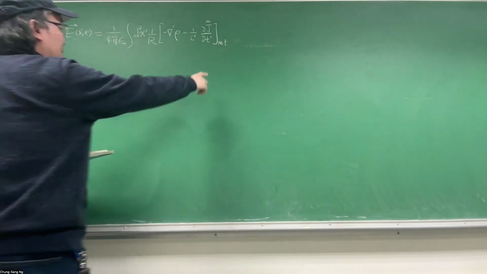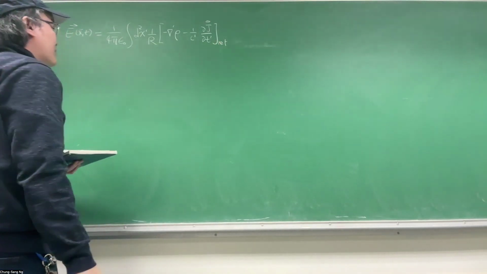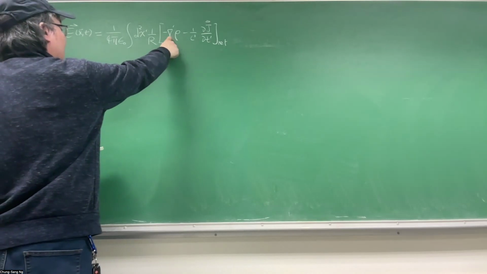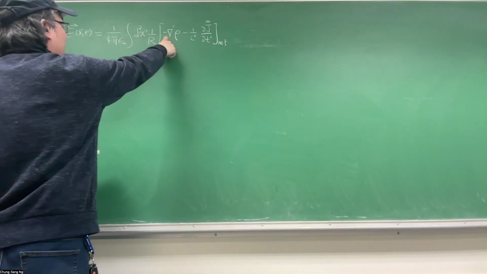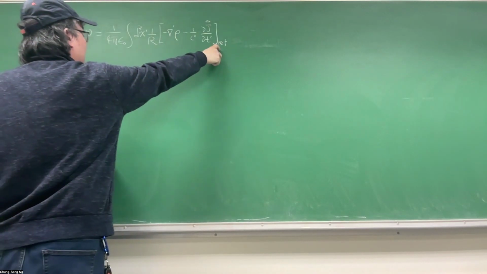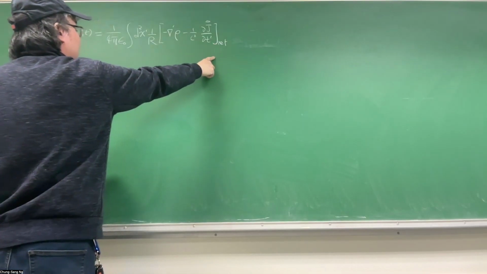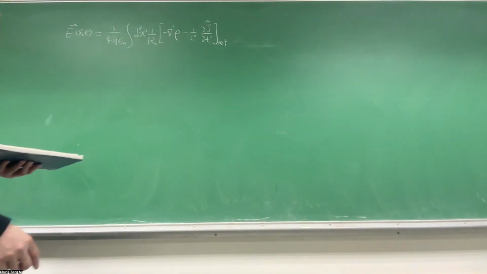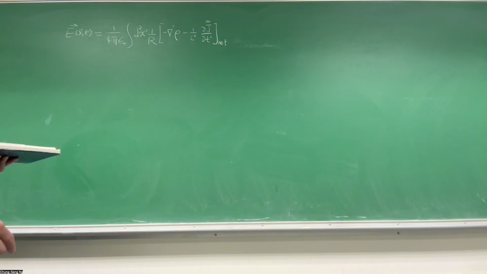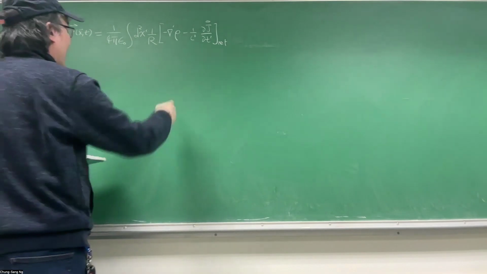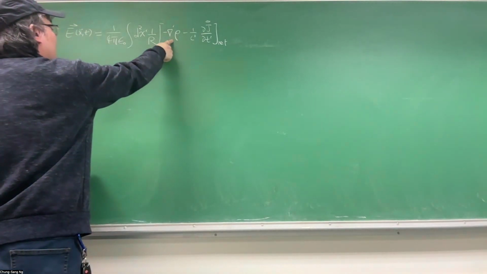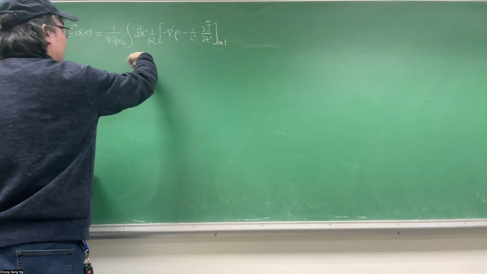Not the x prime after you do the retarded bracket. So there's an order: you take the derivative first, then you take the retarded bracket. The order is important. Last time you can actually work out explicitly how you can also move this gradient outside the bracket.